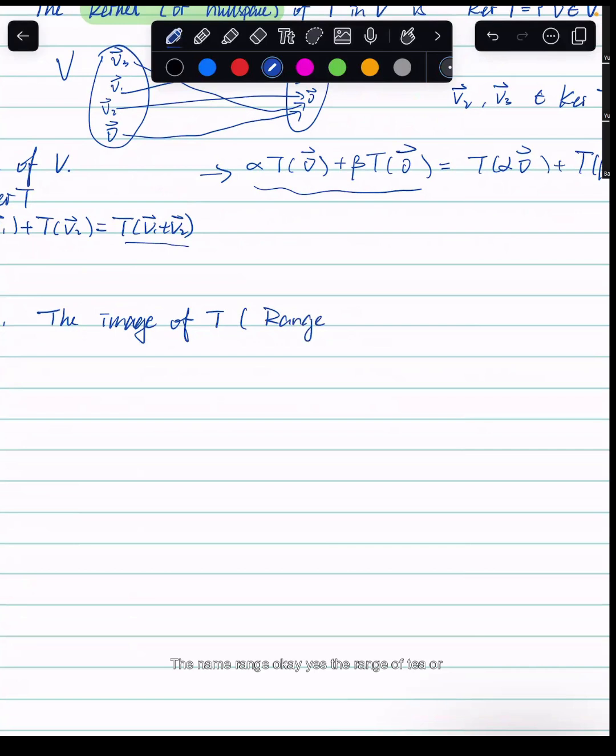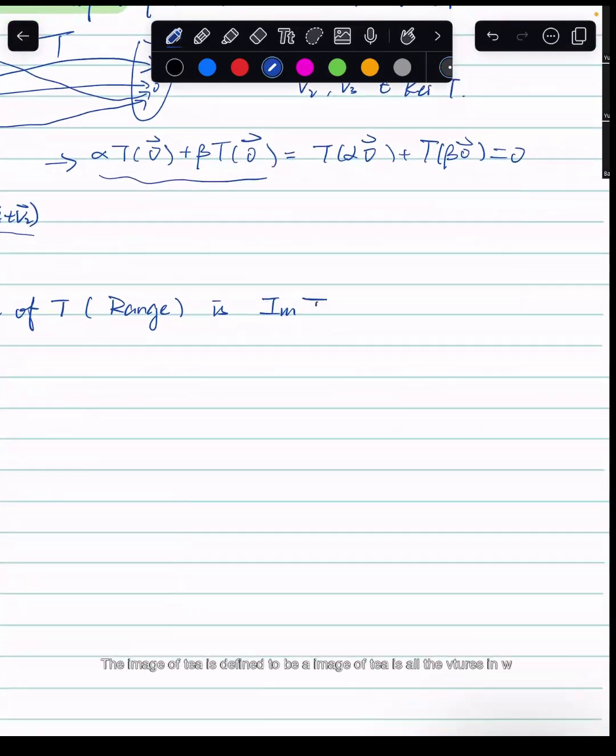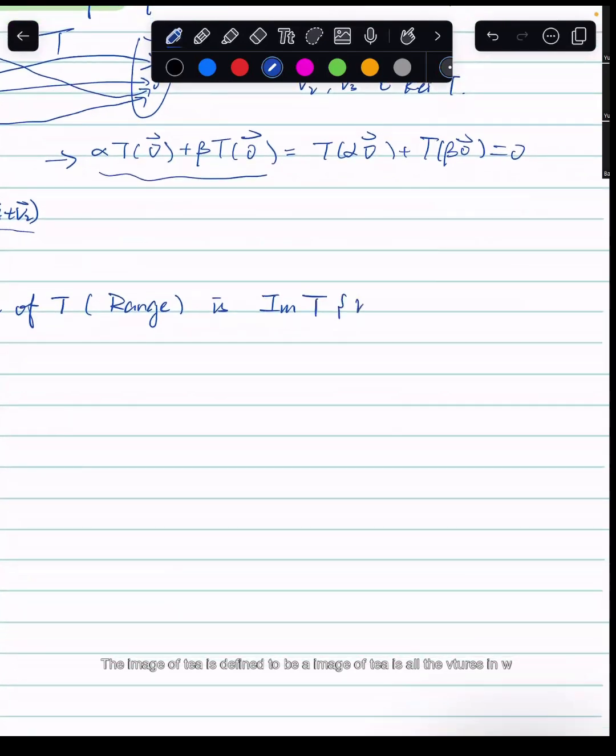The range of T, or the image of T, is defined to be all the vectors in W where there exists a vector V that after the transformation becomes W.